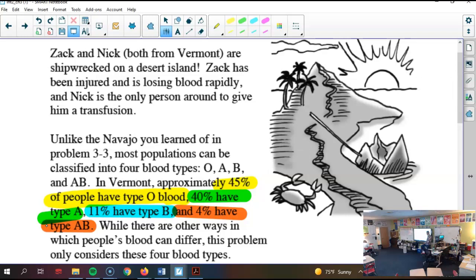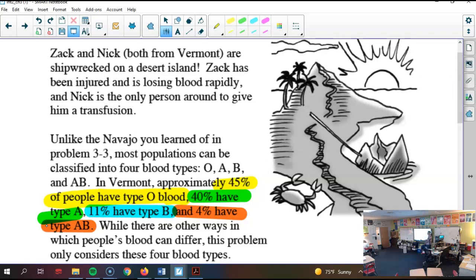So, yeah, let's play out these probabilities. Let's make one of those area models. Let's be able to tell Zach just the straight up truth. Hey, buddy, here's your chance that you have AB blood and somebody else has AB blood. And, well, that's not very good. So if you have AB blood, things probably don't look very good. We know it's a 4% chance that he has AB.